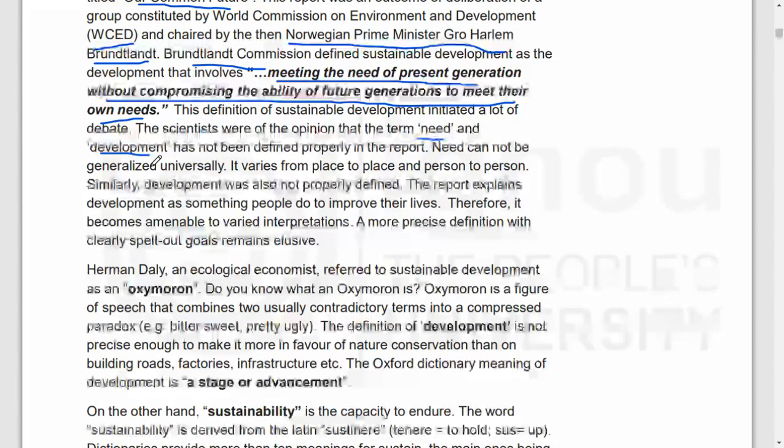Similarly, development was also not properly defined. The report explained development as something people do to improve their lives. Therefore, it becomes amenable to varied interpretation. A more precise definition with clearly spelled out goals remains elusive.